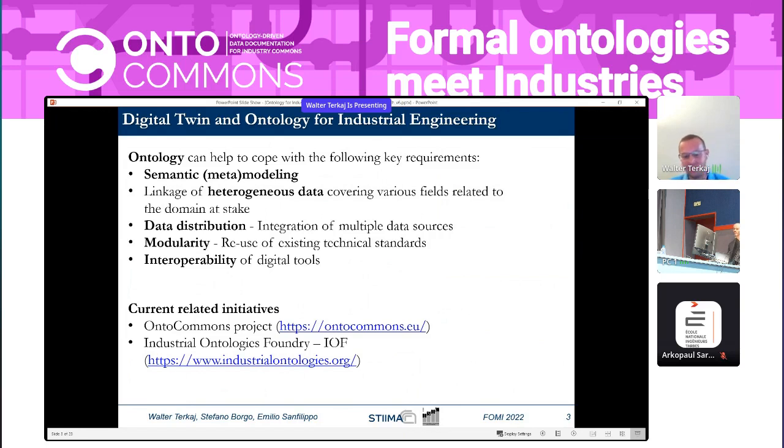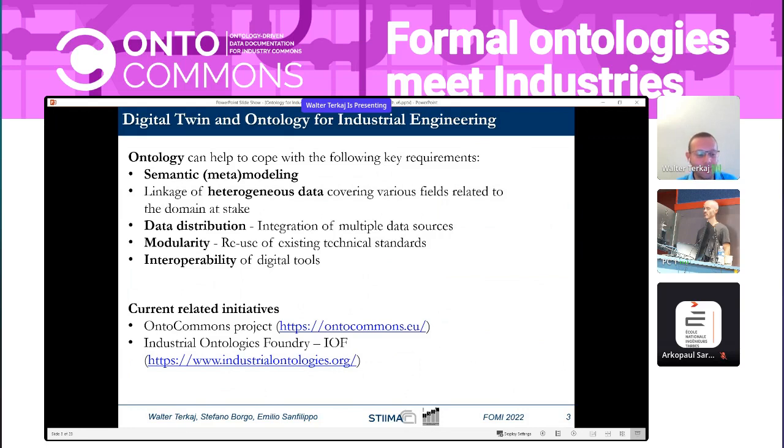But still, I think if we want to enhance the digital twin with the ability to properly represent heterogeneous domains that are related to the specific focus of the digital twin, or even better, something that is related but not yet enabled by the specific application, then ontology can play a key role.